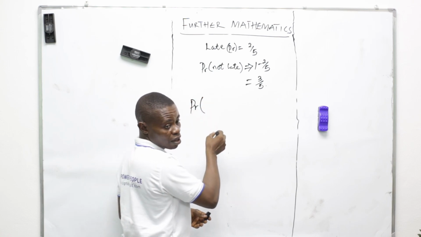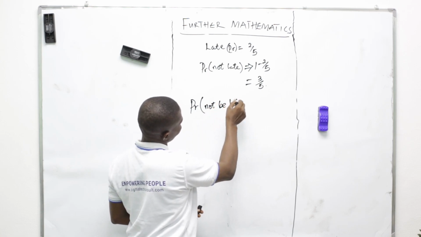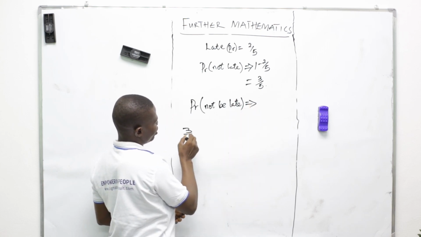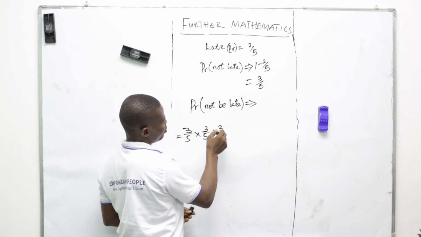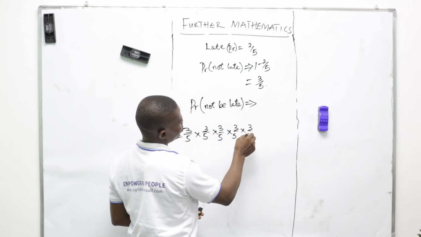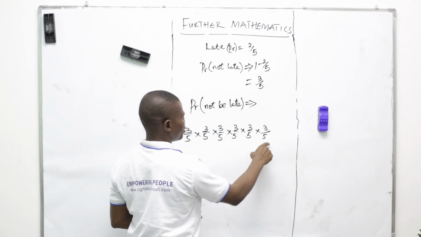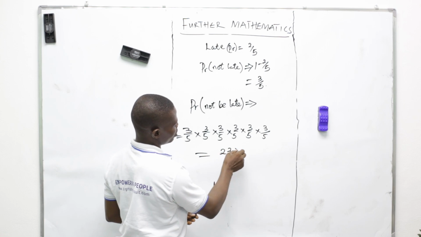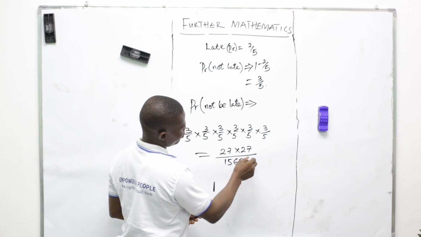So PR of not be late implies 3 over 5 times 3 over 5 times 3 over 5 times 3 over 5 times 3 over 5 times 3 over 5. 1, 2, 3, 4, 5, 6. That is 6 days. This will give us 27 times 27 all over 15,625.